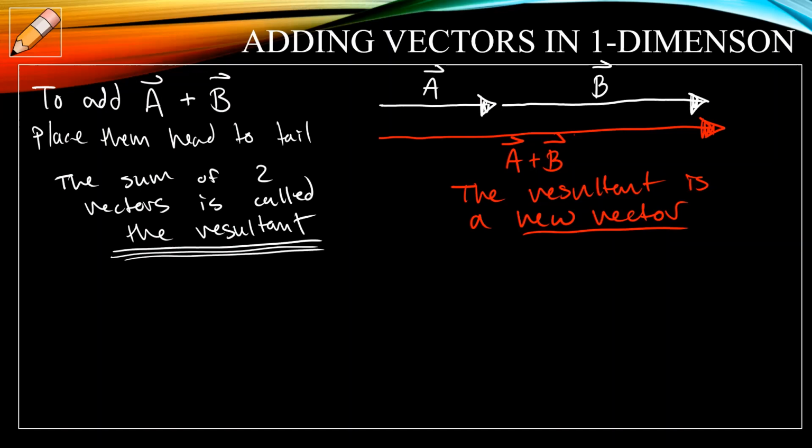So the vector A plus B, the resultant, is your overall trip going from your house to your job. This is how far you went overall and the direction that you traveled in. That's an example of what these vectors might mean whenever we start giving them a physical context.